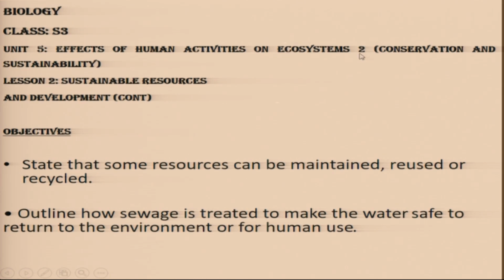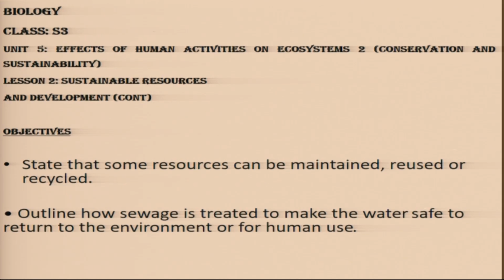Because when somebody talks of the word effects, we said effects means what? We said effects can be positive or negative. For Unit 4, we were looking at negative. For Unit 5, we're looking at the positive. What man does to conserve and sustain the environment.